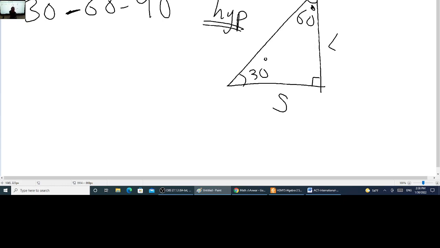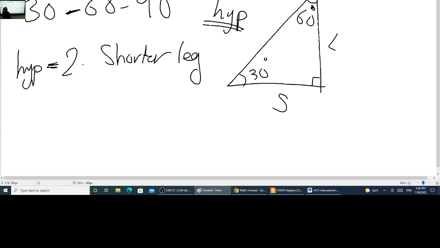Okay? So here the hypotenuse equals 2 times the shorter leg, okay, or shorter side.